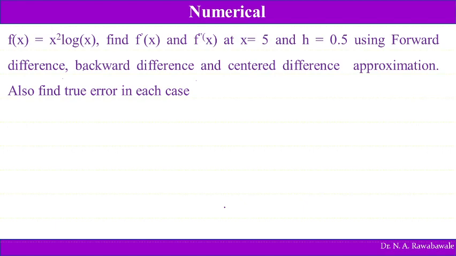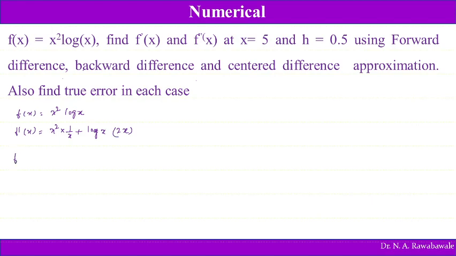Now we have this function f of x as x square log x. So f dash of x, the first derivative: first function as it is, x square, derivative of second function is 1 by x, then plus second function as it is, log x, and derivative of first function is 2x.